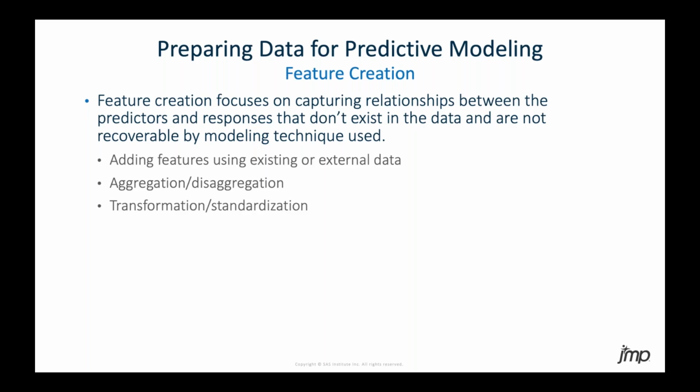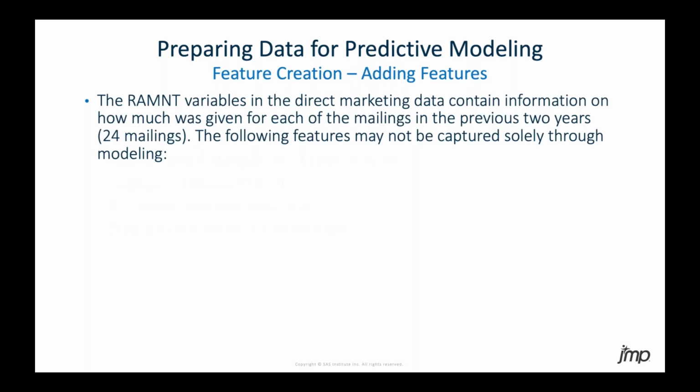There are transformations: take the log of a column, take some sort of function of additional columns. And then finally, I can look for latent structures, using something like principal components or some sort of latent structure technique like PLS that allows me to create latent structures.